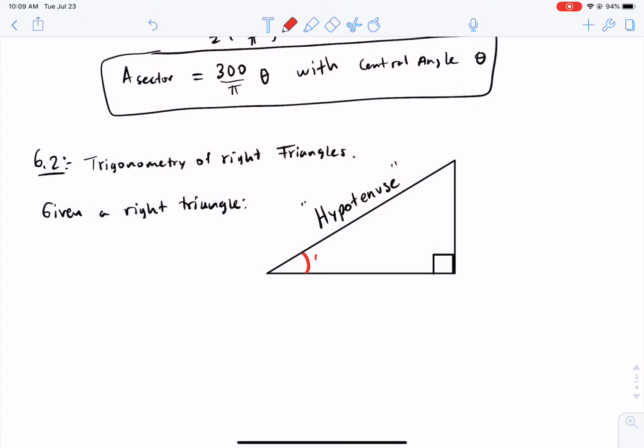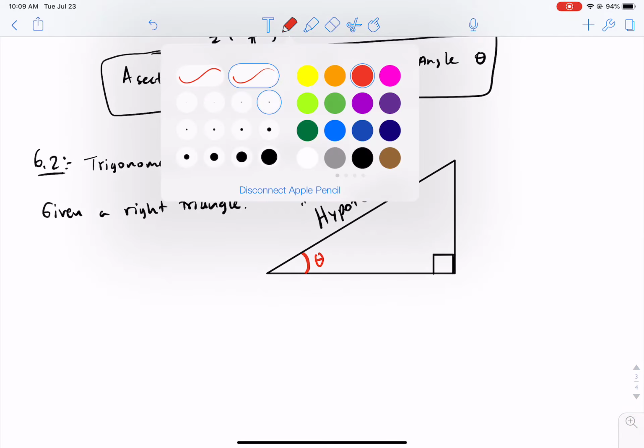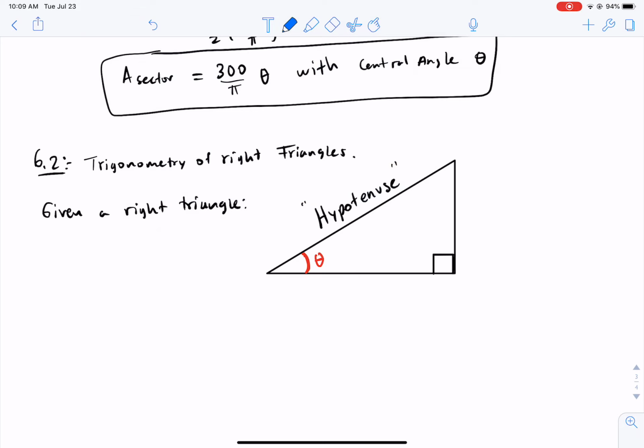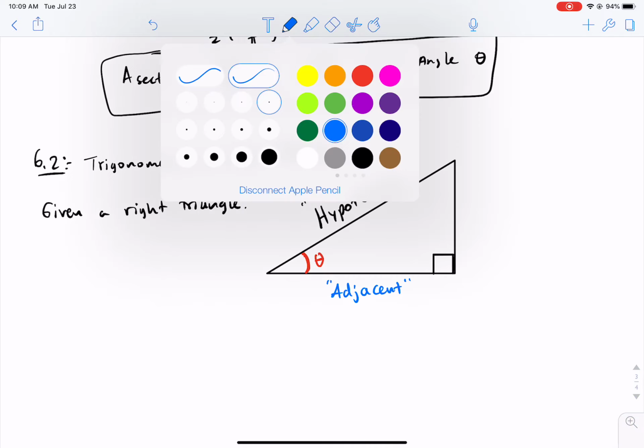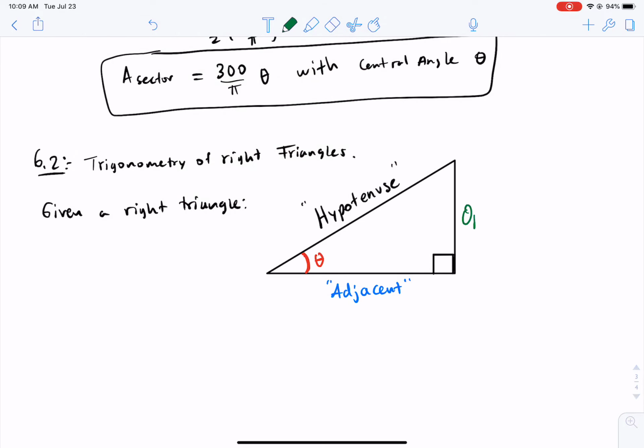Let's call this theta. I could have easily chosen the other angle. The side that is closest to this angle, this side right here on the bottom, is going to be the adjacent side. And the one that is furthest from it, we're going to call the opposite side.